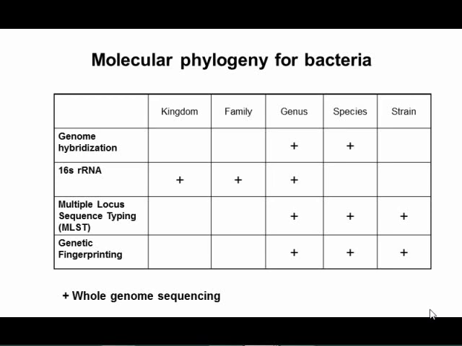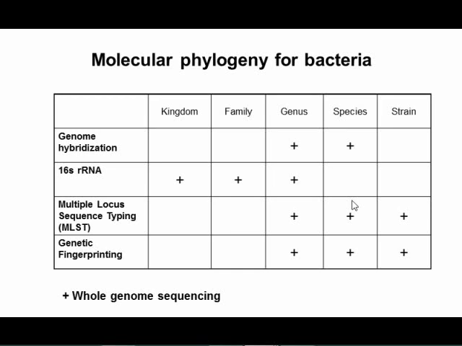The first thing that was done was really just to hybridize genomes. You get the DNA from one species, label it radioactively, hybridize it with the DNA of another species, and see how much of the radioactivity is retained on the filter. It gives you a pretty rough idea of the overall degree of identity in the two genome sequences. But this is pretty rough, though you can get genus level and species level identification from that.